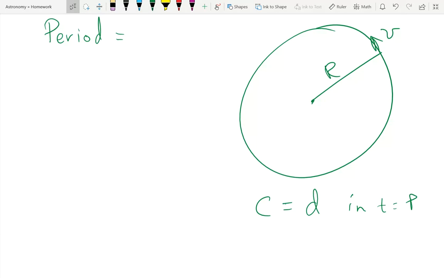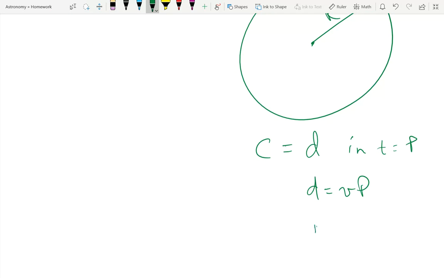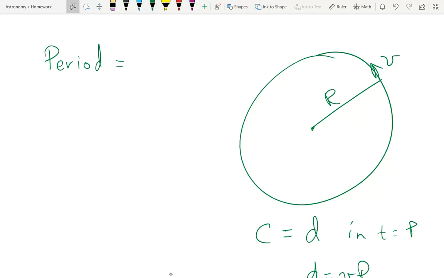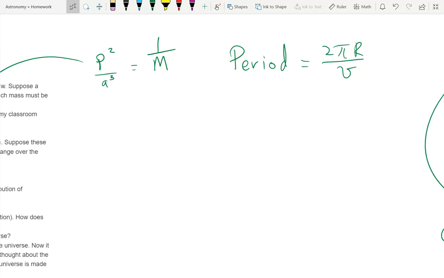And so that means that distance is equal to v times the time, which is the period. So the period is going to be the distance over the speed, which would be 2 pi radius over the speed. So period is that. And then we need the semi-major axis, that is the radius.